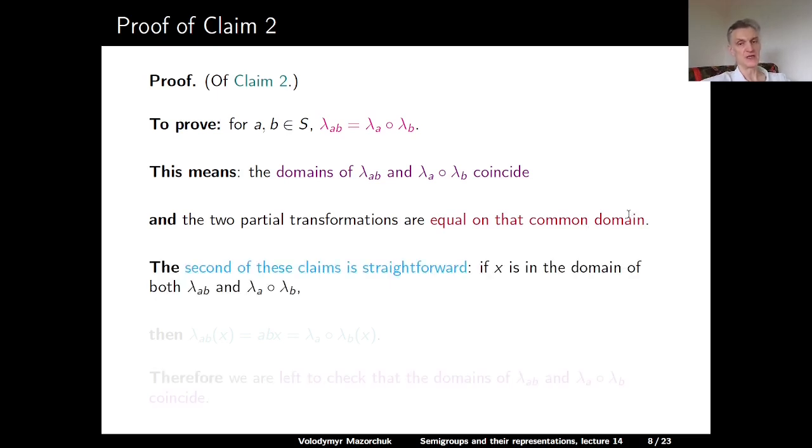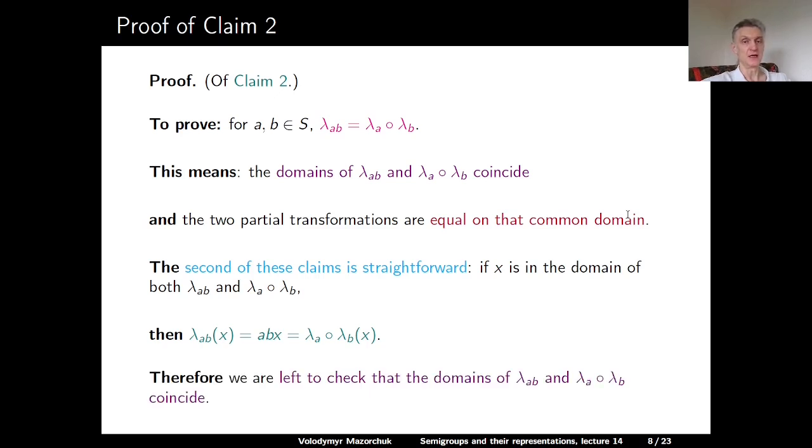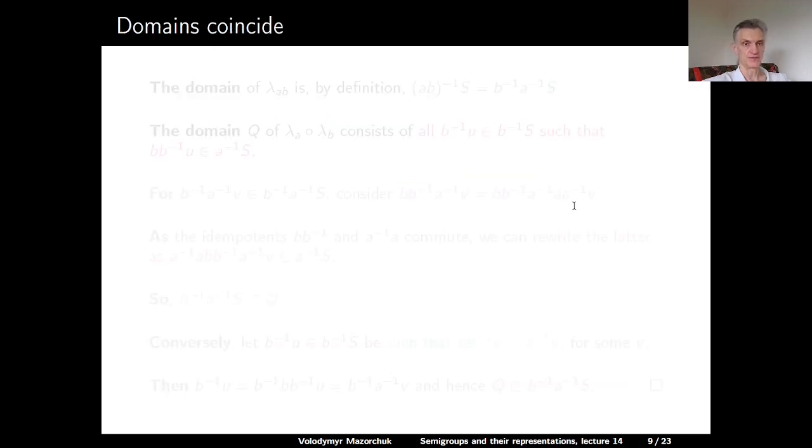And the second claim is straightforward. If X is in the domain of both lambda AB and lambda A after lambda B, then lambda AB of X is ABX, and this is lambda A after lambda B of X. So this is the nice property of left multiplication. So in reality, the only thing which we need to prove is that lambda AB and lambda A after lambda B have the same domain.